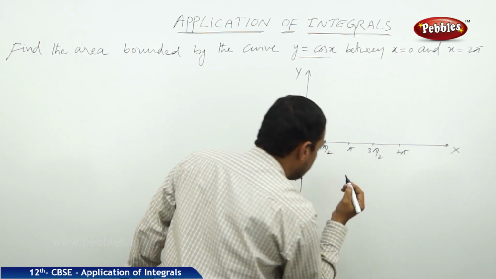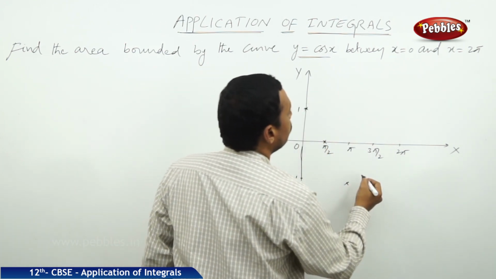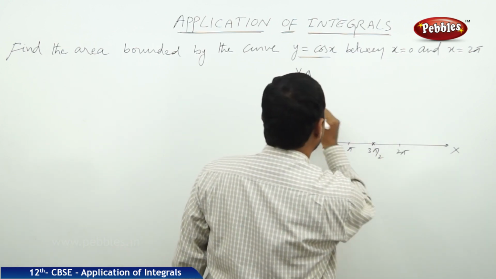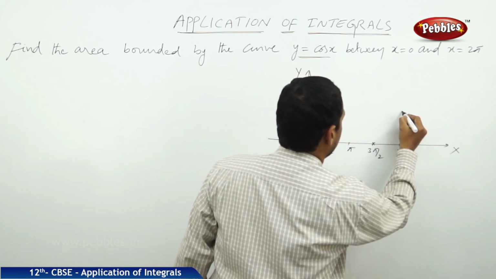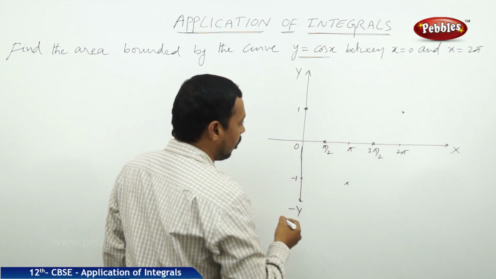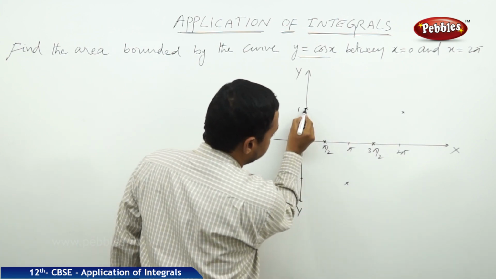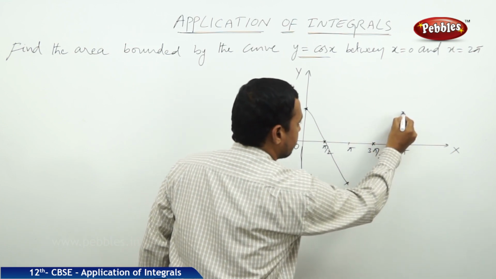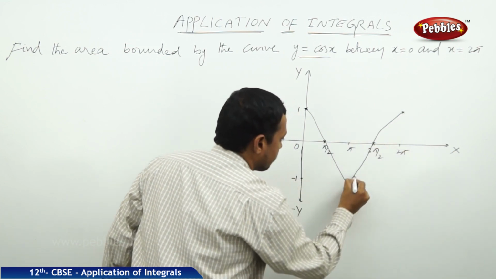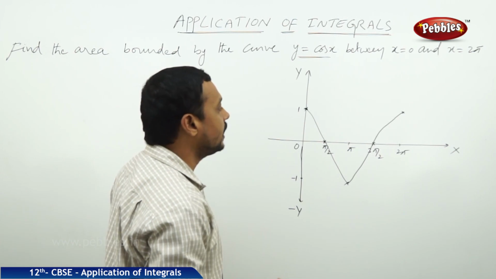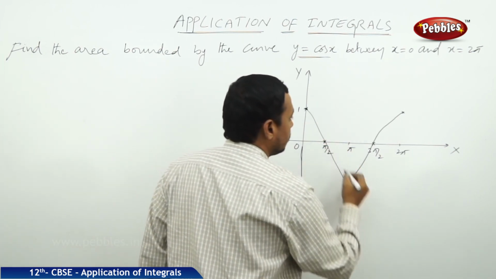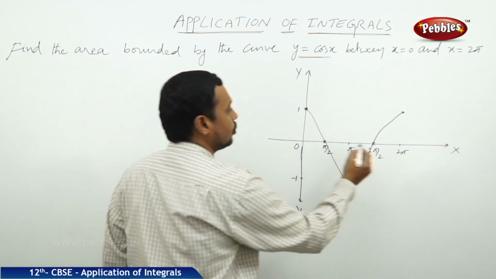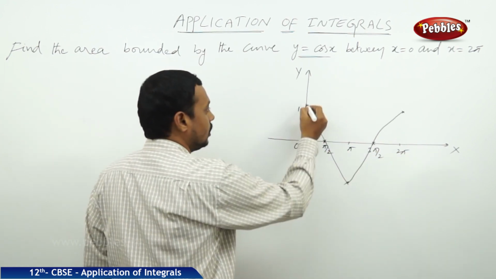At 3 pi by 2 again the cos value is 0, at 2 pi cos is equal to 1. So now, join all these points. Now joining them, yes, we got a curve like this, y is equal to cos x between x is equal to 0 and 2 pi.